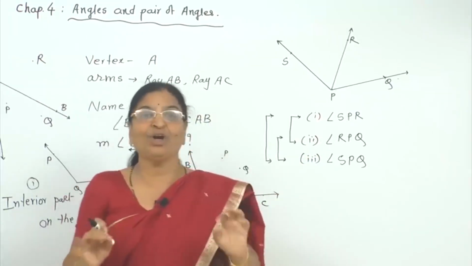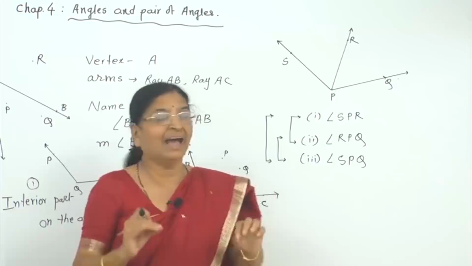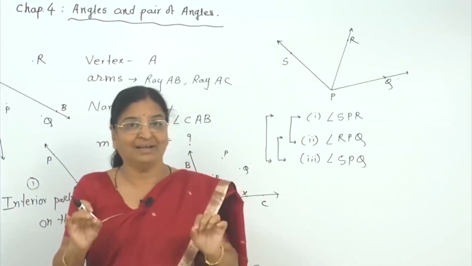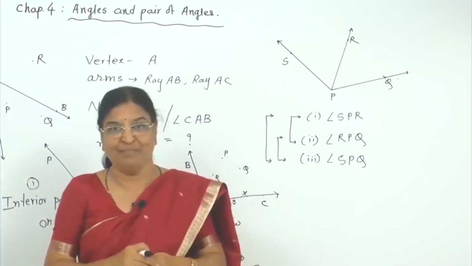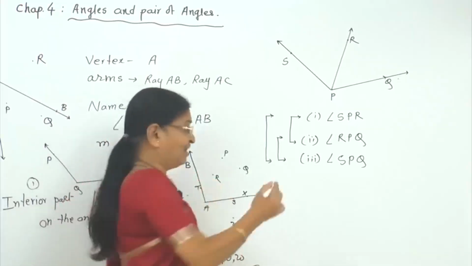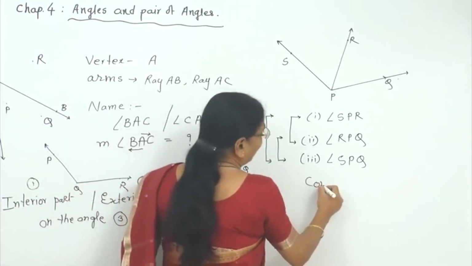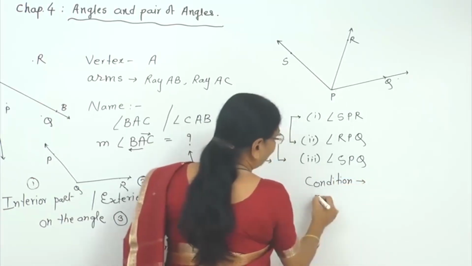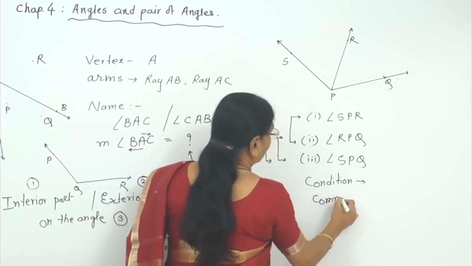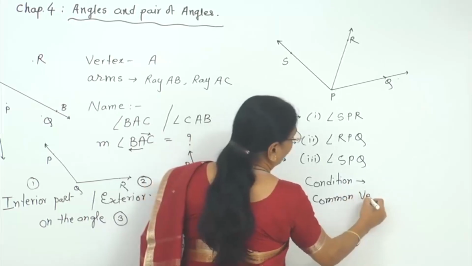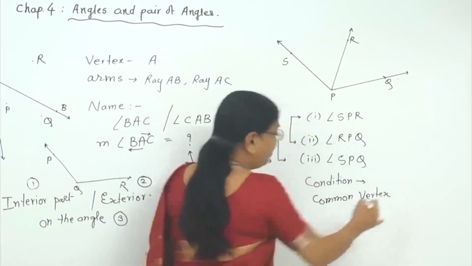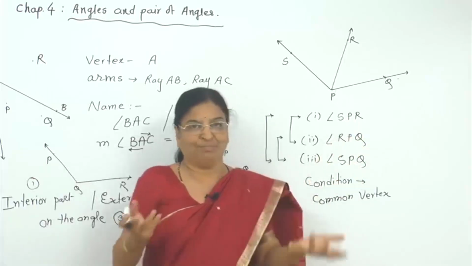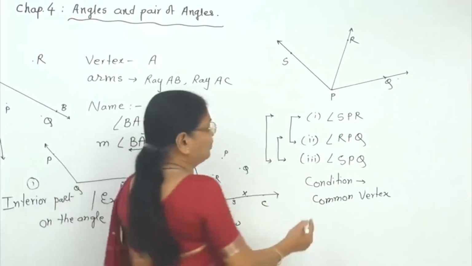But we don't want all these 3 pairs, and I want only two pairs such that my conditions should be fulfilled. Which are my conditions? The first condition I want is a common vertex. Then immediately you will say all three have common vertex, P only. Okay, that is fulfilled.